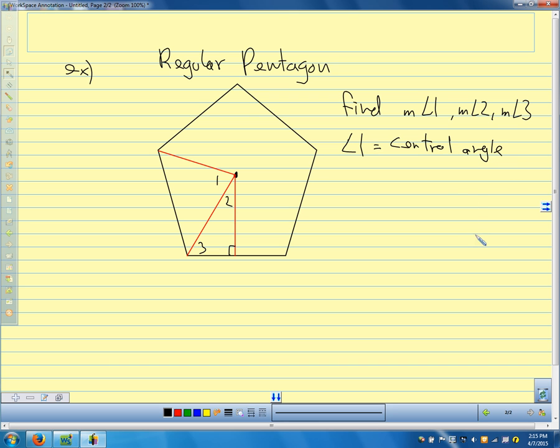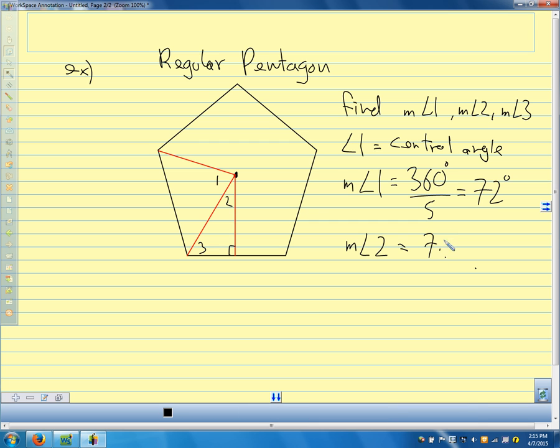And we just talked about a formula for finding the central angle. So how are we going to find the measure of angle 1? Measure of angle 1 equals what? 360 over 5. And do we remember what that was for a pentagon? 72 degrees. All right, which is the next easiest to find? Angle 2. How is angle 2 related to angle 1? Half a central angle.